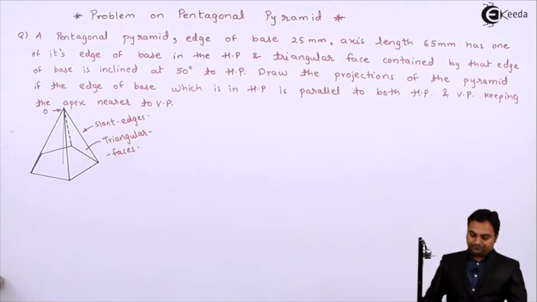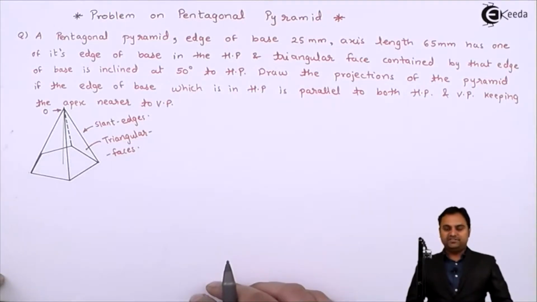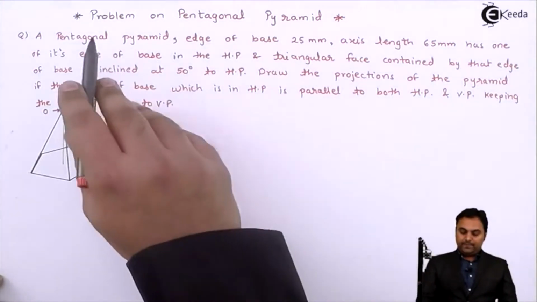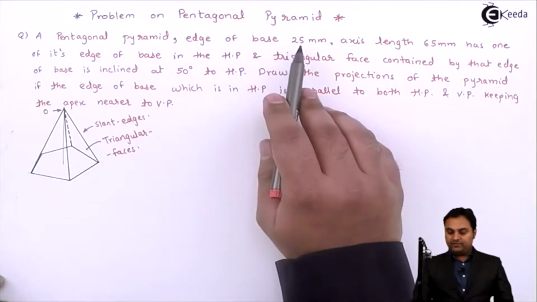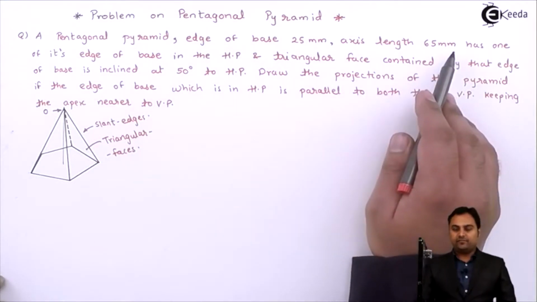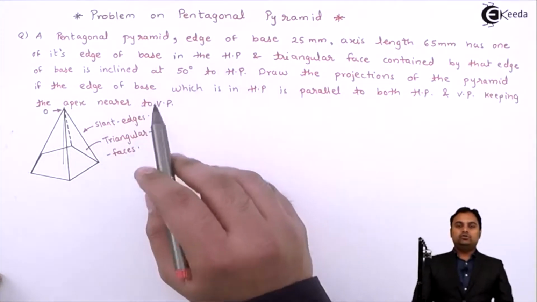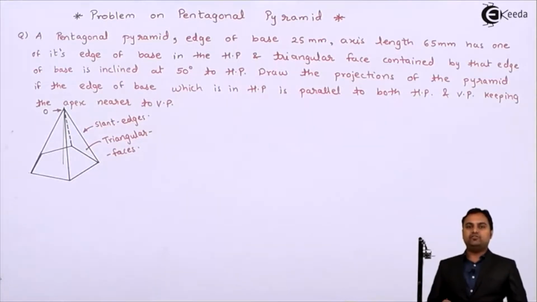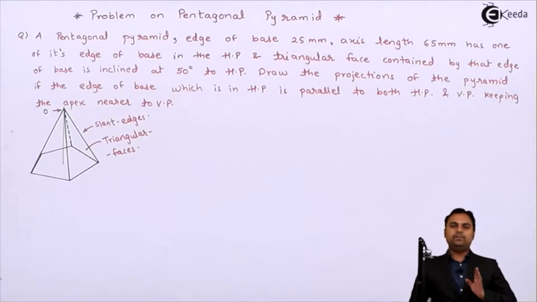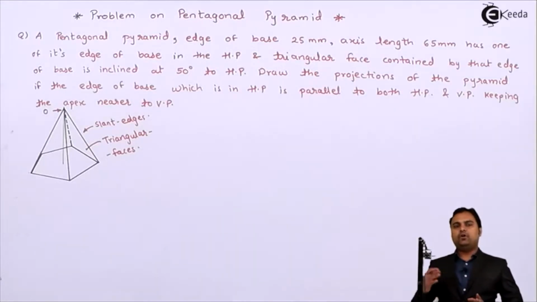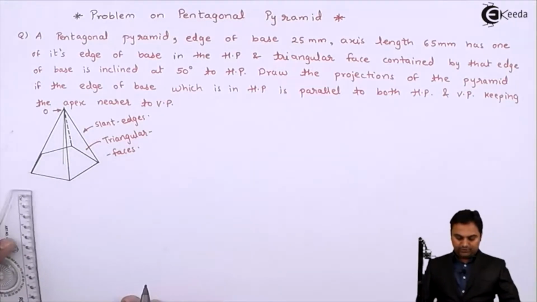And now, when this pentagonal pyramid is there, in the question it is given that pentagonal pyramid edge of base 25 mm, axis length 65 mm has one of its edge of base in HP. So when the condition is given for edge of base in HP, we have to keep that base edge on the right hand side. Means pentagon can be drawn in two different ways.